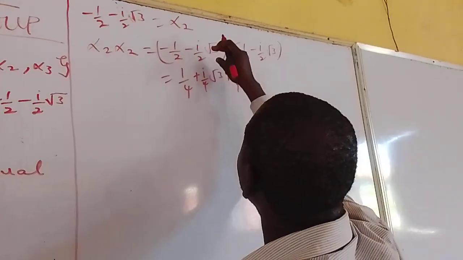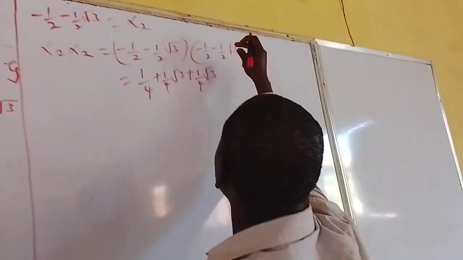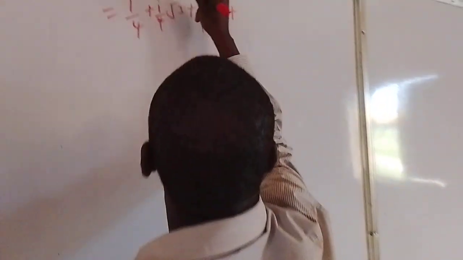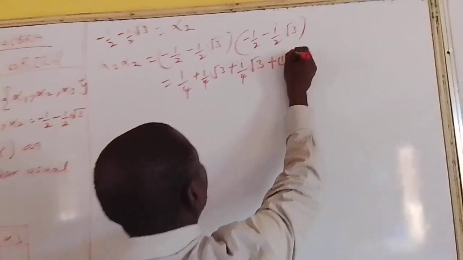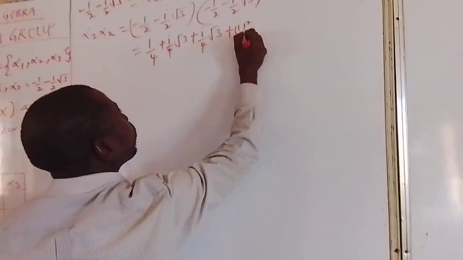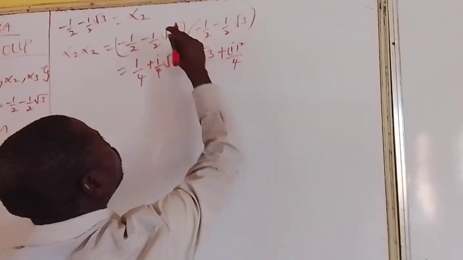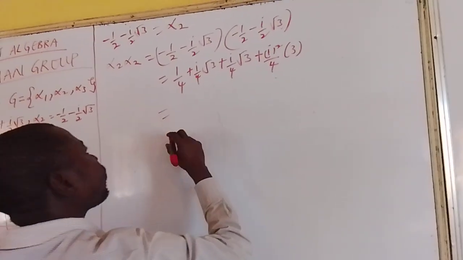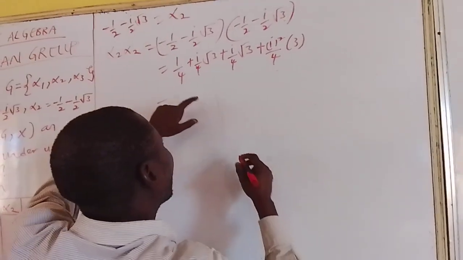Then the last one, this expression multiplied by this expression: minus times minus is plus. I times I is I squared. 2 times 2 at the denominator is 4. Then root 3 times root 3 is 3. And so let's collect the like terms.